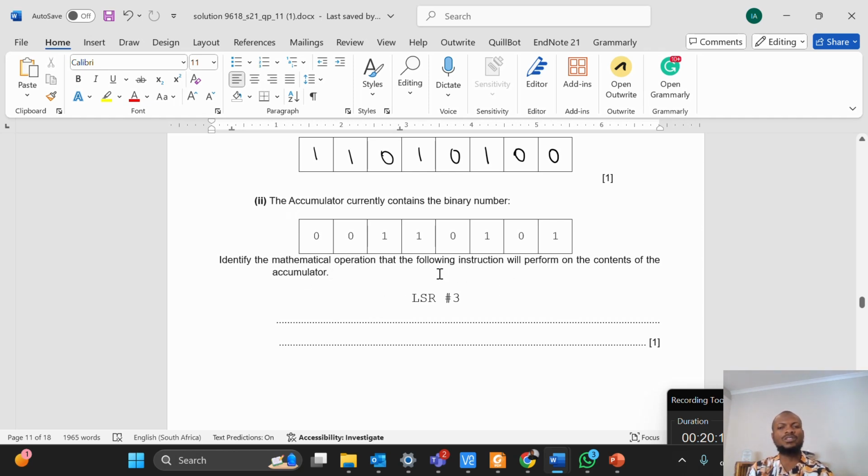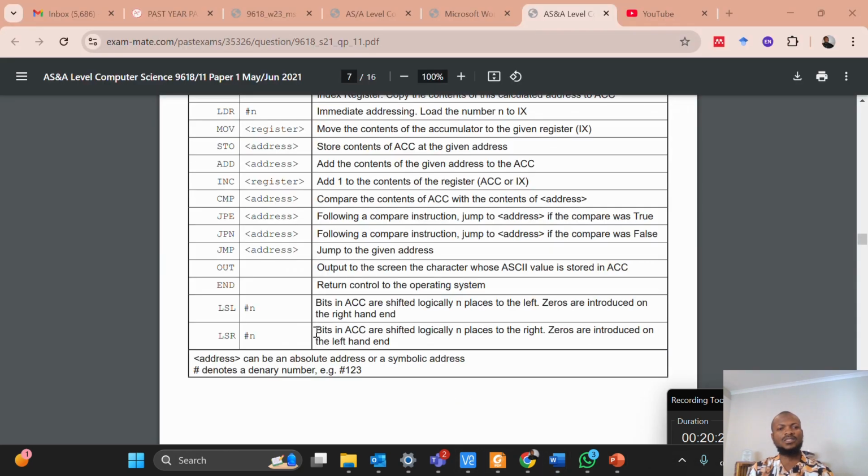So what mathematical operation will this perform on the content of the accumulator? So LSR 3, can you still remember what it is? LSR 3 states bits in the accumulator are shifted n places to the right, zeros are introduced on the left.